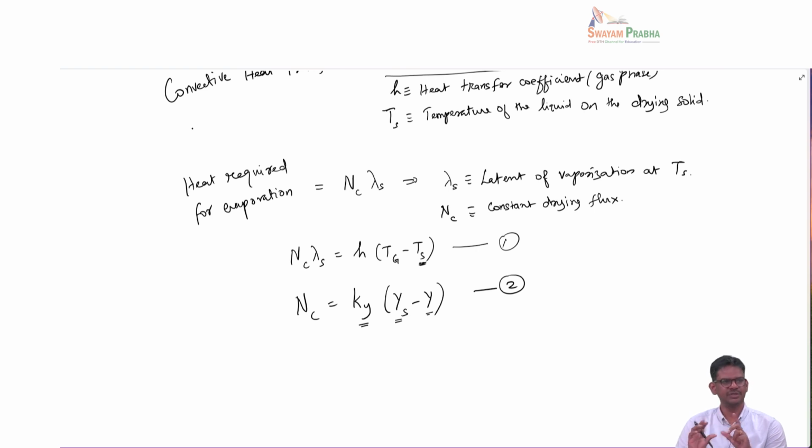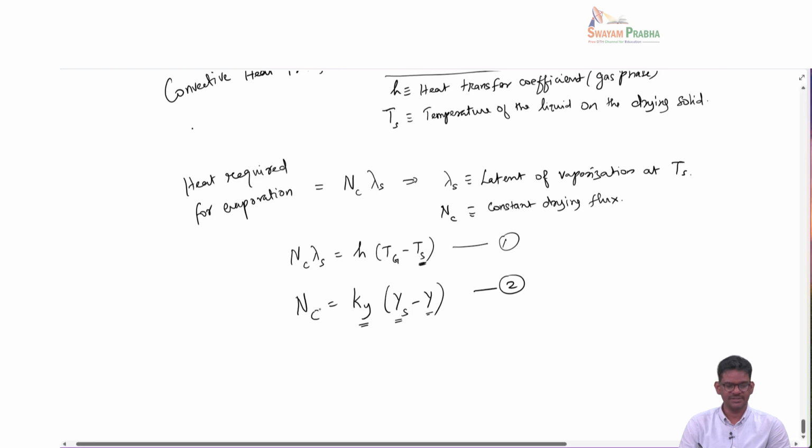So these are basically the two equations that allow us to predict what Nc is. If you look at this Nc, the only thing that we do not know is the saturation humidity, because the saturation humidity has to correspond to the temperature Ts. But you can use equation 1 to solve for Ts.